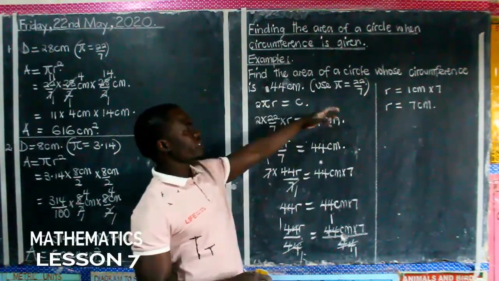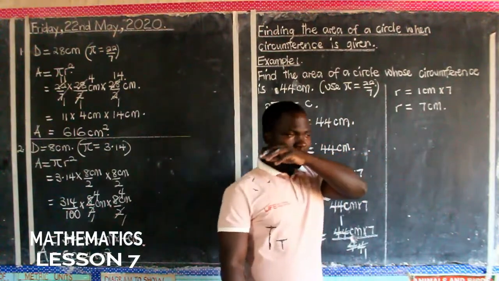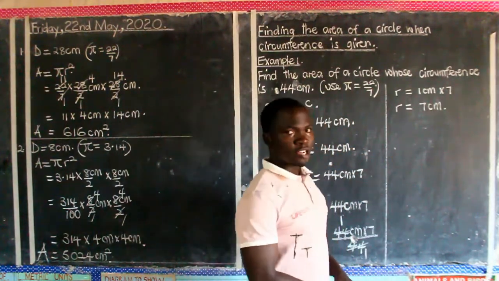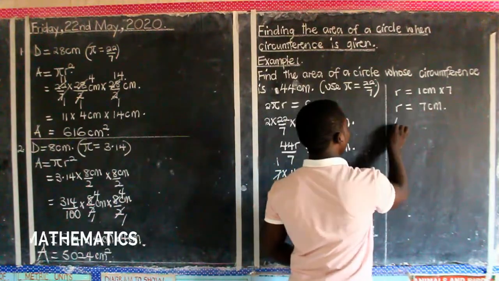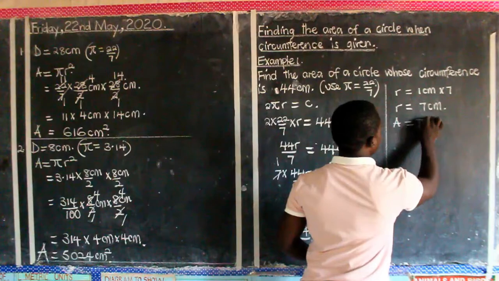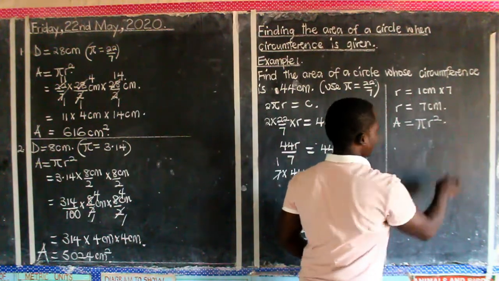So having got the radius, we are now going to find the area of our circle, and the formula for getting the area of the circle equals pi r squared.